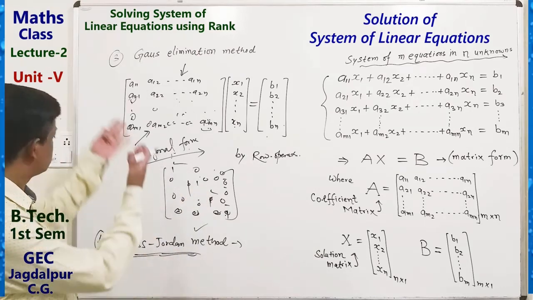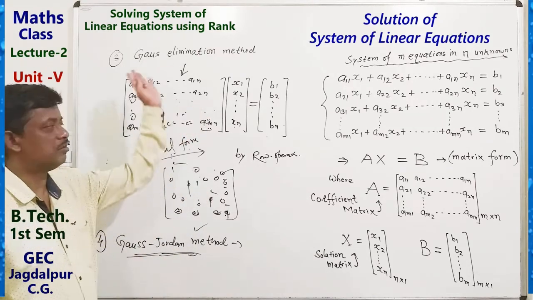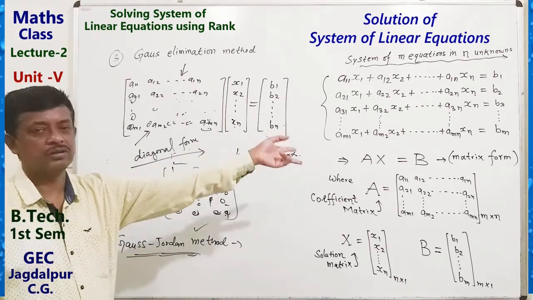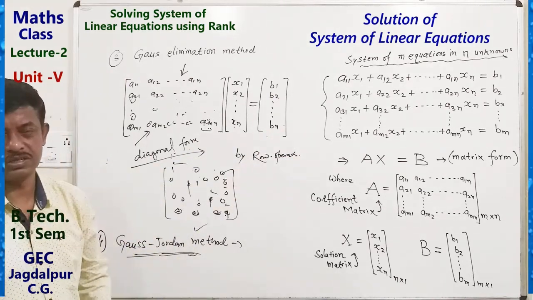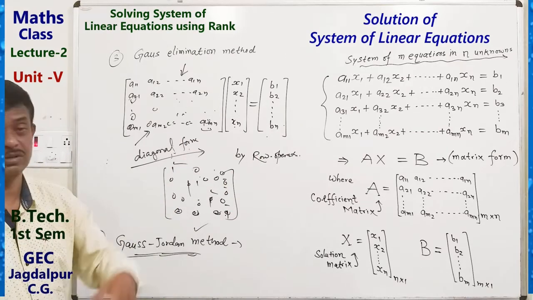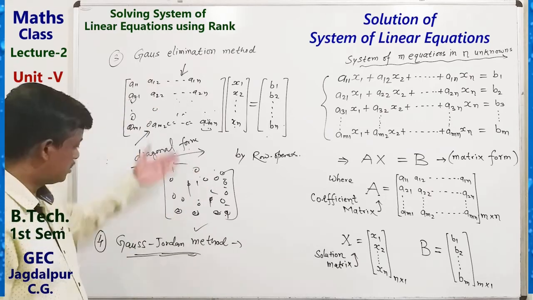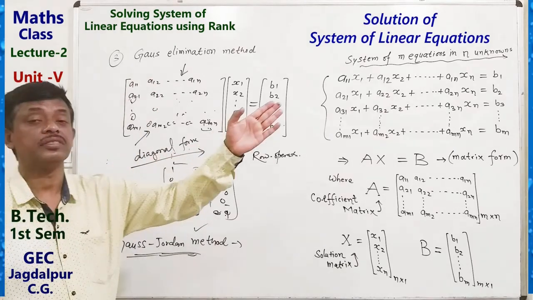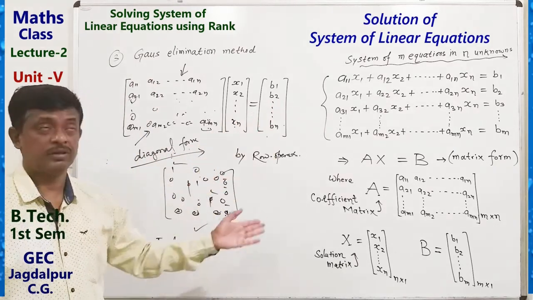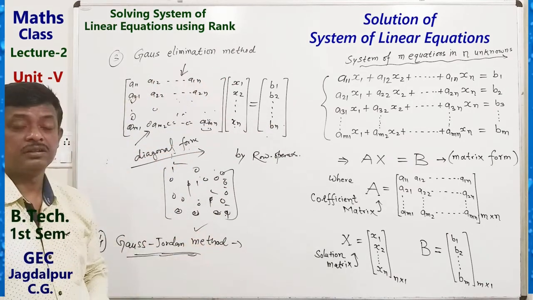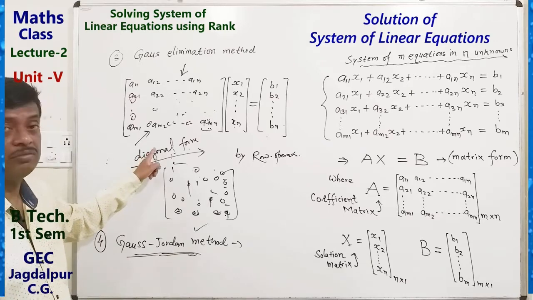Okay, so first, Cramer's rule can be used for an equal number of unknowns and equations, when the determinant is not equal to 0. Then Cramer's rule and the inverse rule can also be used. The elimination method converts to echelon form; the Gauss elimination method, and the Gauss-Jordan method converts to diagonal form.